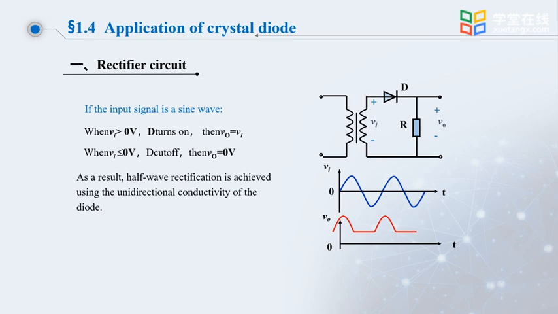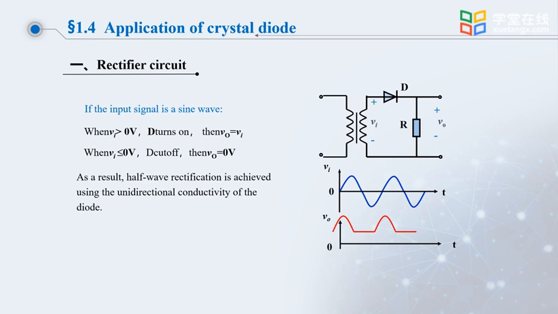VO is 0, which means that when VI is in the negative half-cycle, there is no output voltage. So we can draw the waveform of VI and the waveform of VO separately. We can see that the rectifier circuit transforms an AC signal such as VI into a unipolar voltage signal VO. This is half-wave rectification.